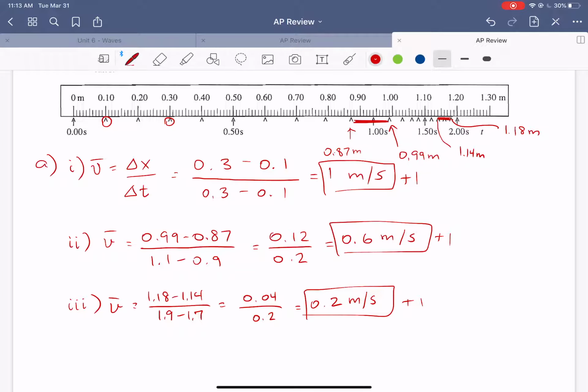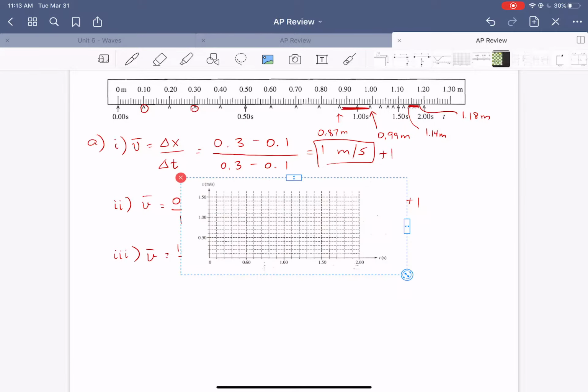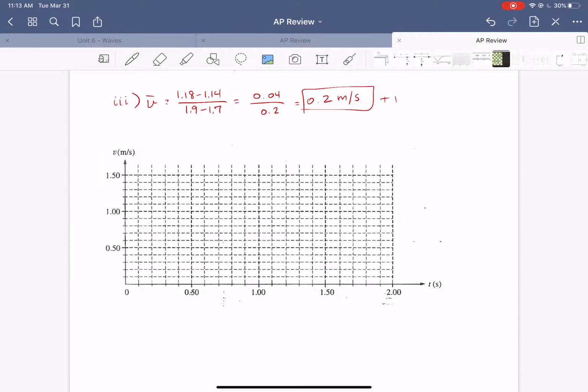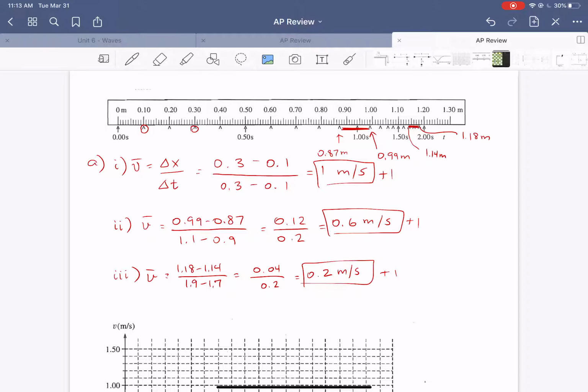Okay, so next thing they want you to do is to graph the velocity of the two carts as a function of time. Alright, so here is the graph they give us to work with. So if you go back and look at these markings here, you'll see that they're fairly evenly spaced at the beginning. Looks like we're going about 0.1 meters for every 0.1 seconds, and that lasts all the way up to about 0.7 seconds.